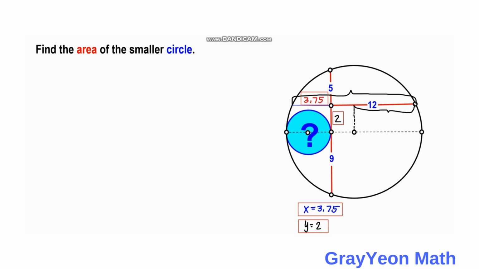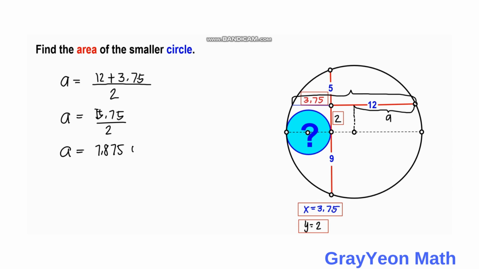So let's call this A. So A is equal to 12 plus 3.75, divided by 2. So A is equal to 15.75 over 2, and that gives us 7.875 units.